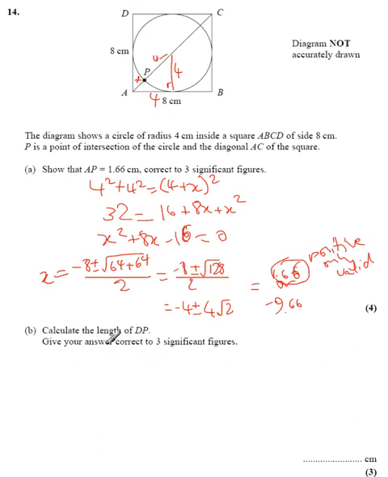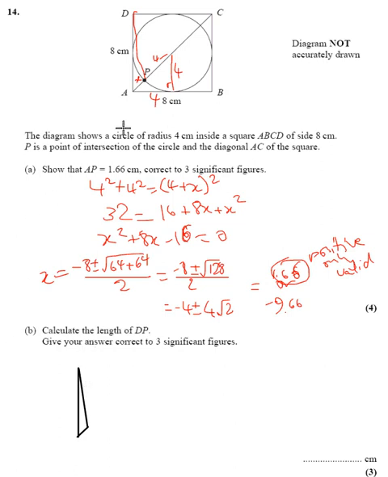And then it says calculate the length of DP. Now, that's a slightly more tricky proposition. Okay, and that's a really terrible line. So we've got a triangle here, and we need to know what the length DP is. So how are we going to go about doing this one?